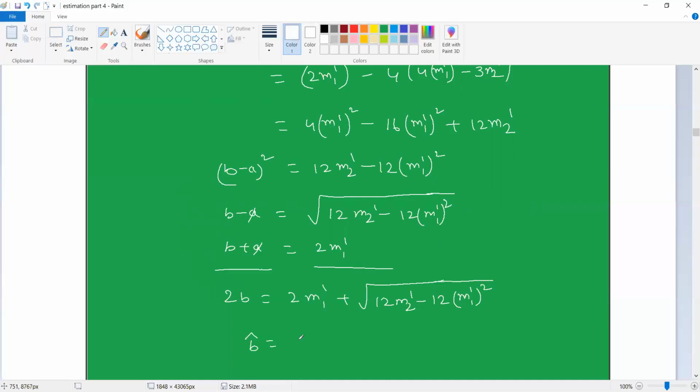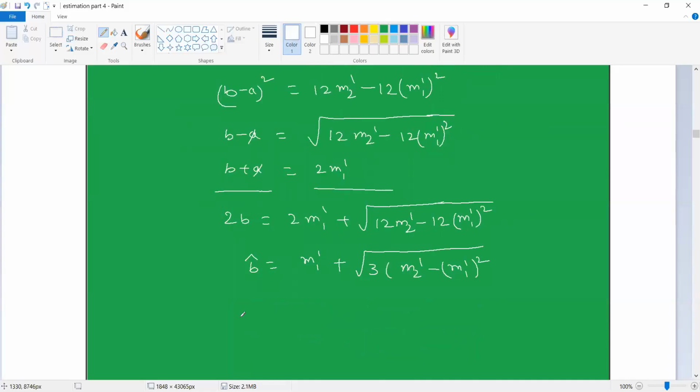B cap is equal to m1 dash plus, 12 is common, 4 threes are 12, 2 is taken outside, so the remaining part is square root of 3 into m2 dash minus m1 dash whole square. That is the B cap value.